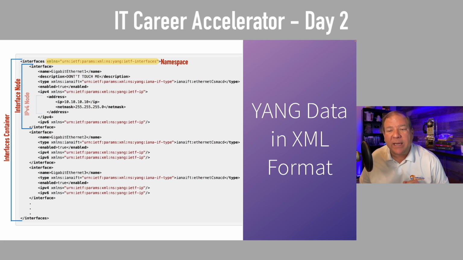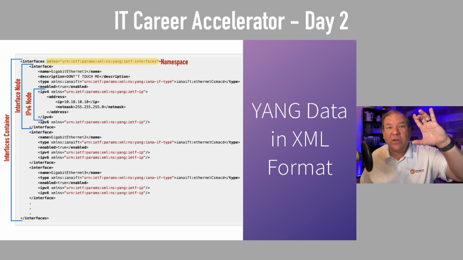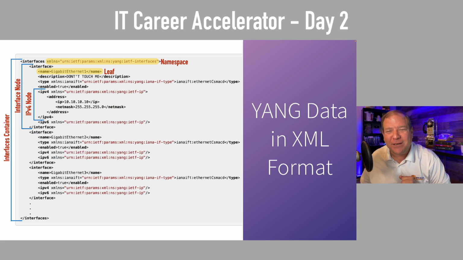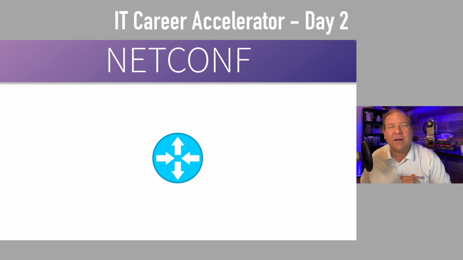We've got one for gigabit Ethernet 1. Under that, we've got an IP version 4 node. That's an indented chunk of configuration. And again, this is for Ethernet 1 or 0/1. We could have that repeating for other interfaces. So the Yang data model, do you get the importance of that?